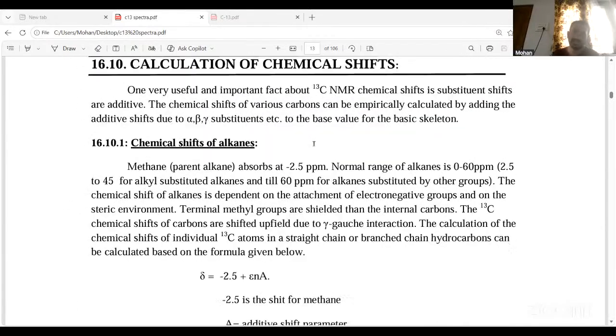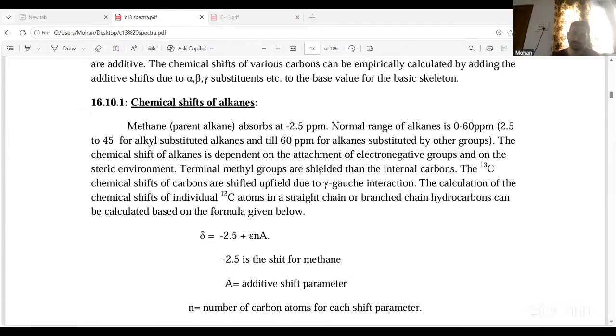Right. So here is the calculation of chemical shift values. Generally, to find out the chemical shift values, we record the NMR spectra, the C13 NMR spectra. By C13 NMR spectroscopy you can measure and get the values, but theoretically you can also calculate the chemical shift values of the compounds by following some rules.